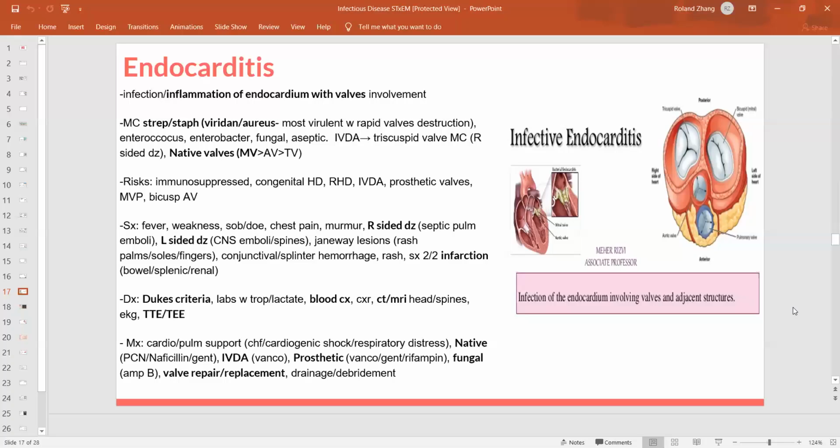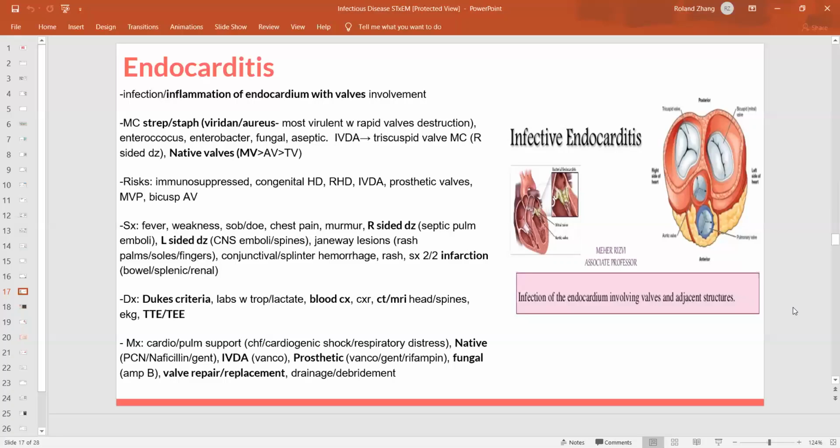You treat this with, of course, pulmonary support with oxygen. With the native valves, you do a penicillin along with gentamicin. It's pretty effective. For your IV drug use, you worry about MRSA, so you still start them on Vanco.